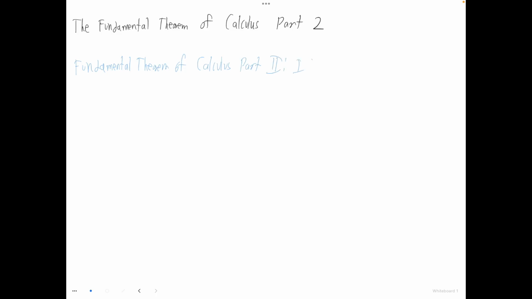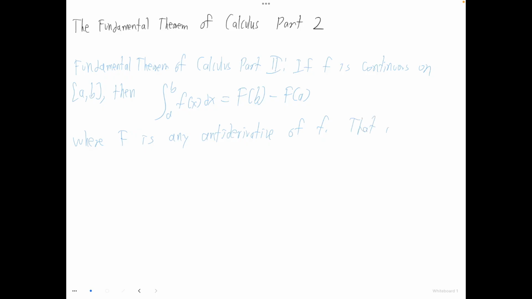And it says, if f is continuous on the closed interval a to b, then the integral from a to b of f of x dx equals capital F of b minus capital F of a, where capital F is any antiderivative of little f. That is, capital F prime of x is equal to little f of x.